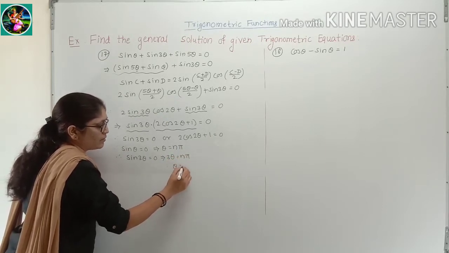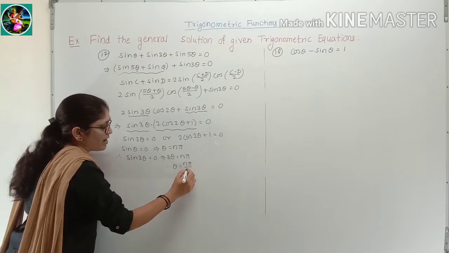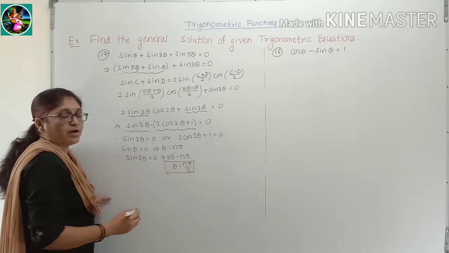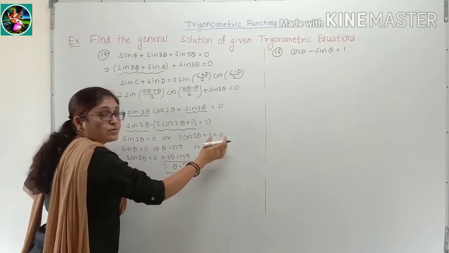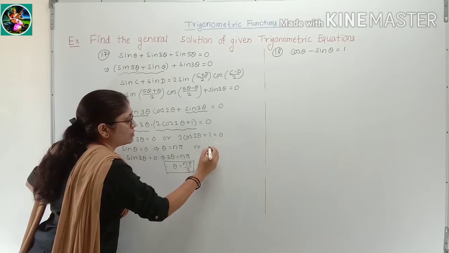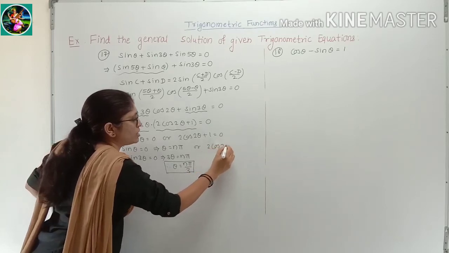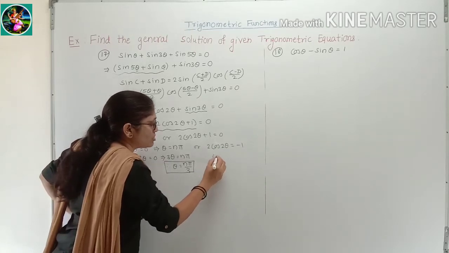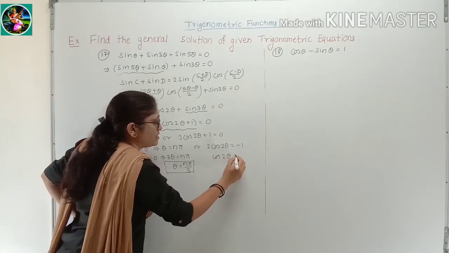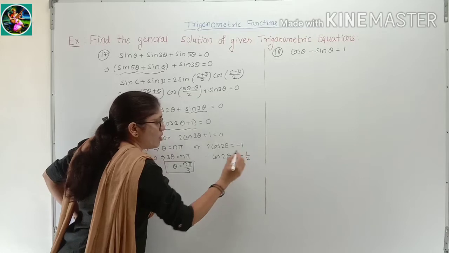Therefore, theta is equal to n pi divided by 3 for n belongs to Z, or 2 cos of 2 theta plus 1 is equal to 0 gives 2 cos of 2 theta is equal to minus 1. Therefore, cos of 2 theta is equal to minus 1 upon 2.